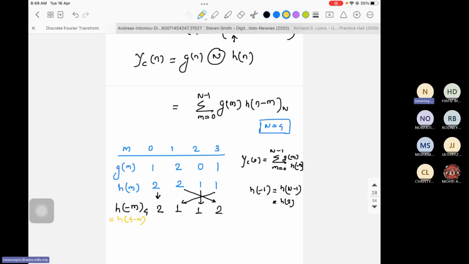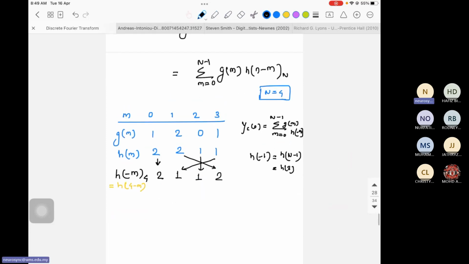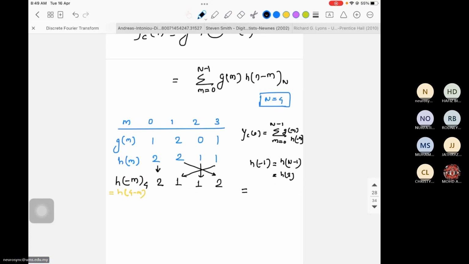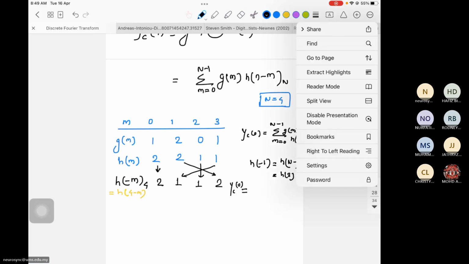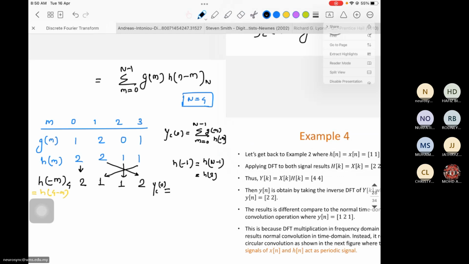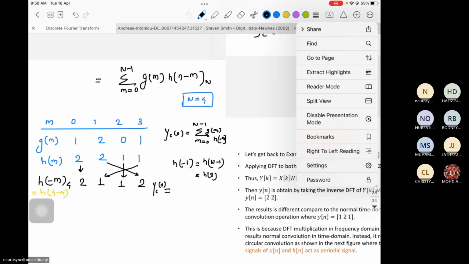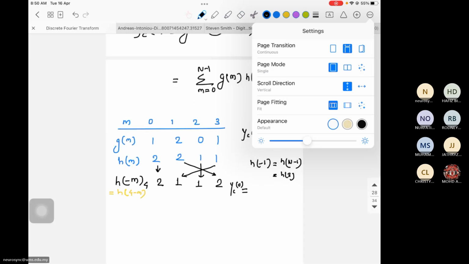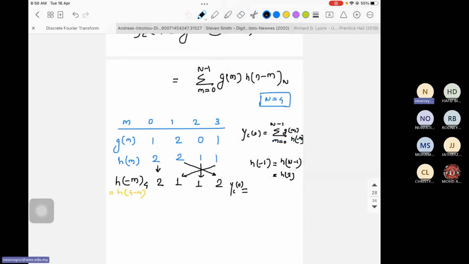Now this is easy to calculate yc of 0. So for yc of 0, now I can put the value here. Yc of 0 is nothing but summation over this, multiplication of this.